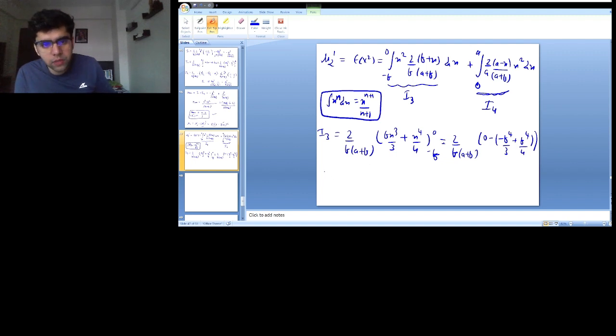This ultimately gives me I3 as, taking out b to the power 4 common, this gives me 1 upon 3 minus 1 upon 4. 12 will be my LCM. 2 upon 12, 4 minus 3, 1, so 2 upon 12 b cube upon a plus b, which gives me b cube upon 6 a plus b.